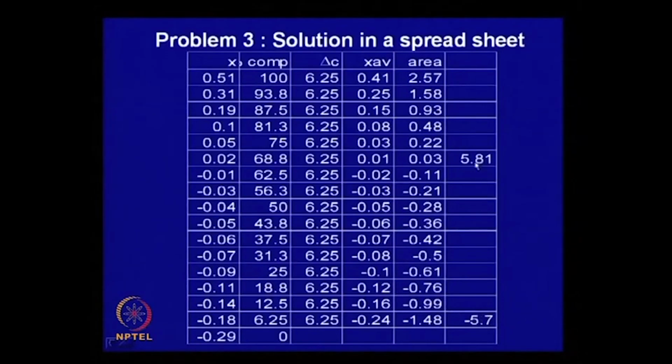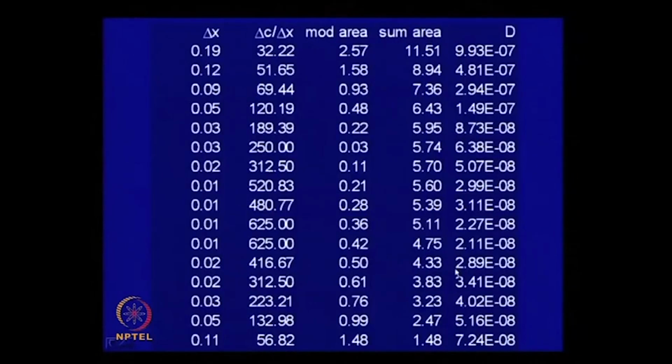So more or less you can see that the location of the Matano interface is correct. This area is positive, and almost the same magnitude is negative, so the net area is 0. Therefore, the Matano interface location is all right.